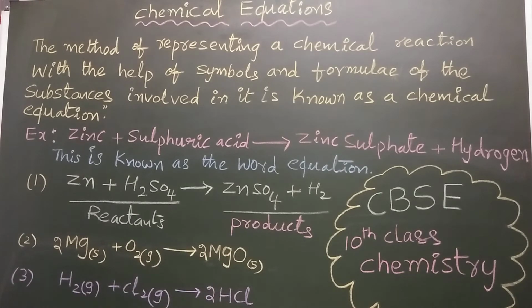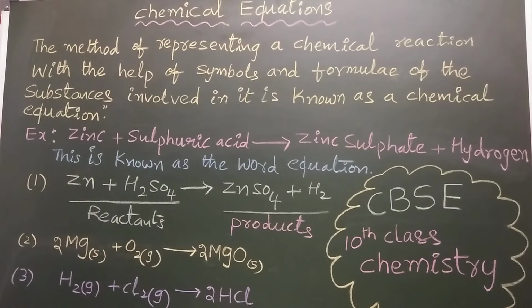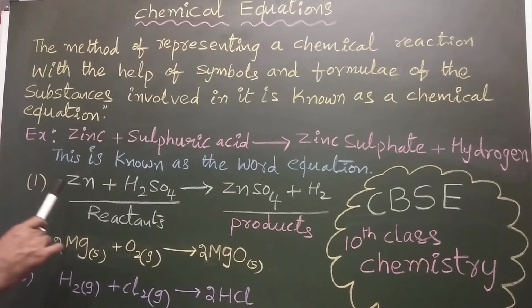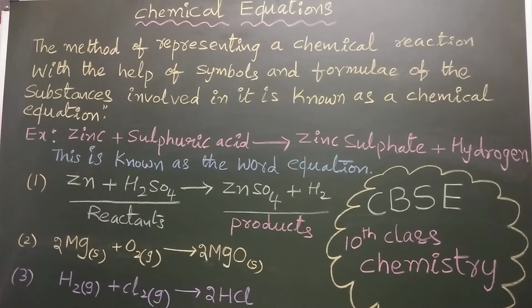What is meant by products? The new substances produced in a reaction are known as products. So here zinc sulfate and hydrogen are the products. The products are always on the right side of the arrow. Reactants are combined with a plus sign and products are also combined with a plus sign, children.